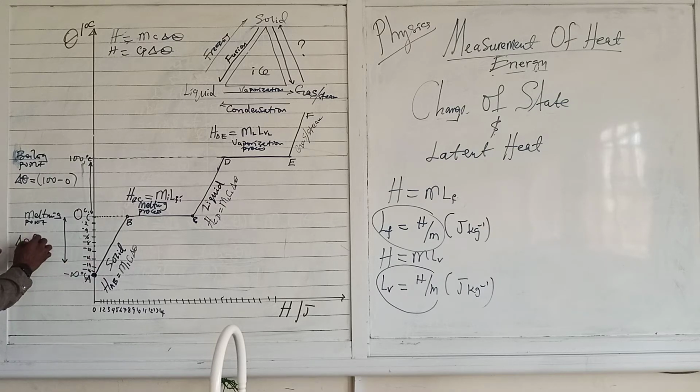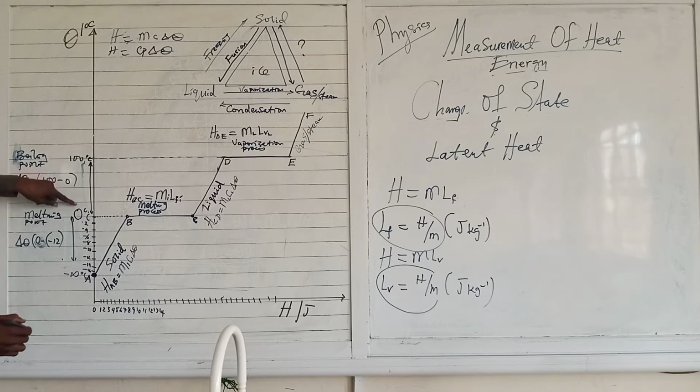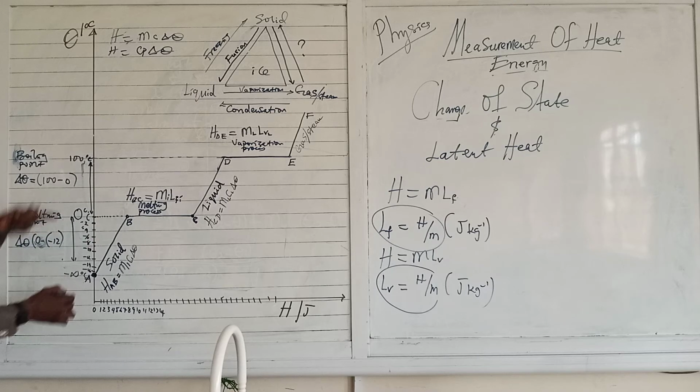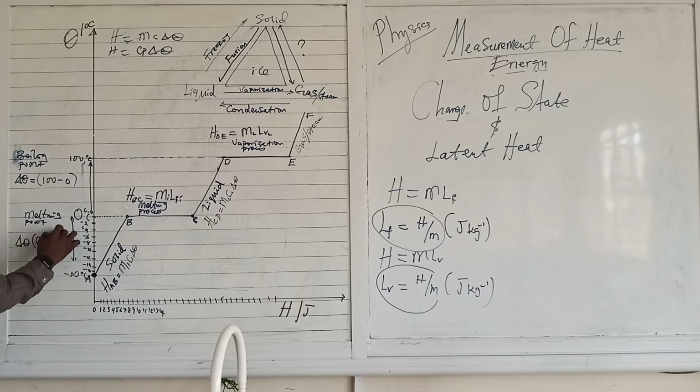We can say 0 minus 12. Mind you, 0 is greater than any number down here. So 0 minus 2, 0 minus 4, 0 minus 15 becomes the change in temperature.